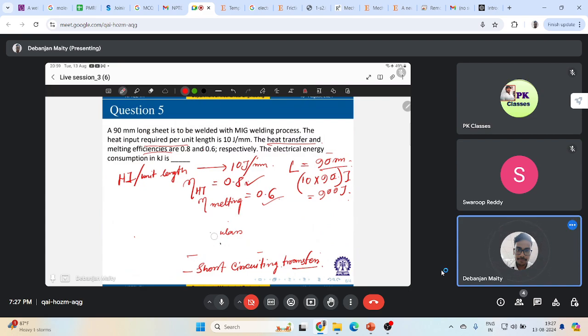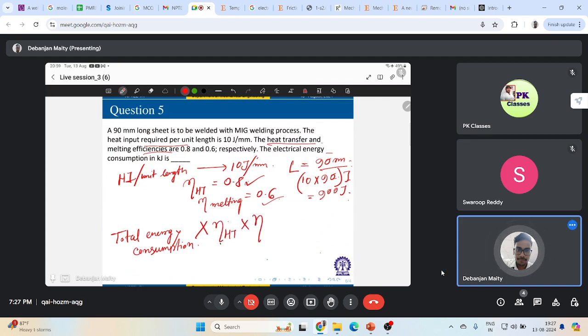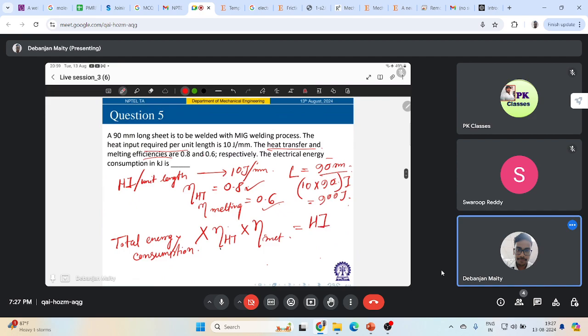So basically total energy consumption, if we multiply it with the efficiencies, I will get the actual heat input required for melting. Agreed or not?